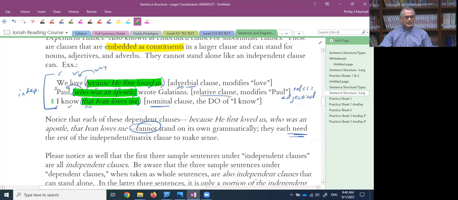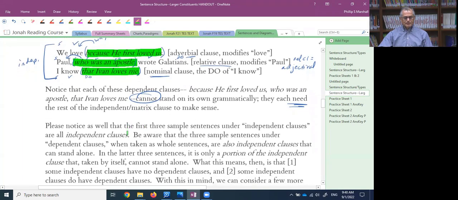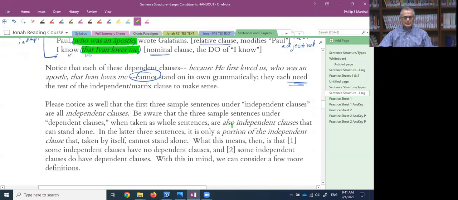But the entirety of each of the three clauses under this second little discussion, the entirety of each clause as a whole, is an independent clause because each of those clauses can hang by itself. So only in those last three sentences, it's only a portion of the independent clause that, taken by itself, cannot stand alone.